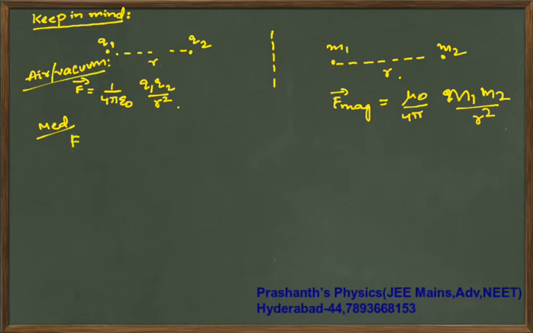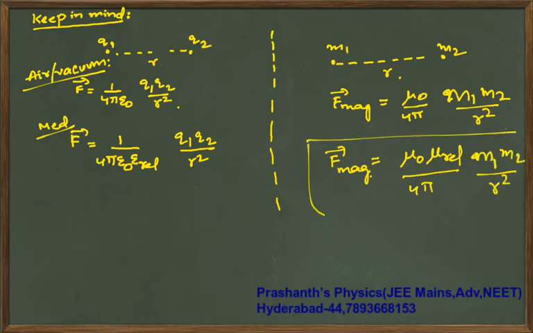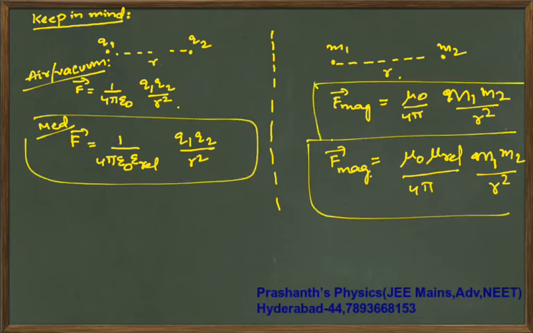In a medium, your electric force is given as 1 by 4 pi epsilon naught epsilon relative times Q1 Q2 by R square. Here, your magnetic force will become mu naught mu relative by 4 pi times M1 M2 by R square. Almost the same logic, same definitions, everything is the same.